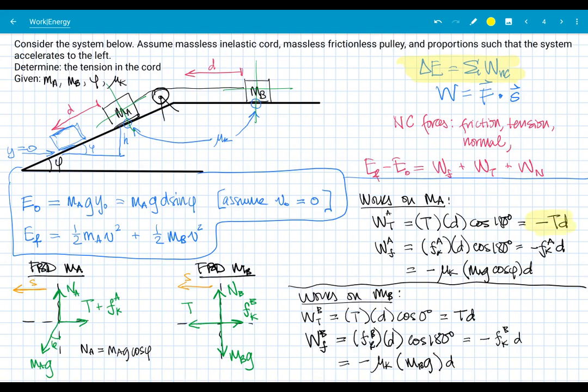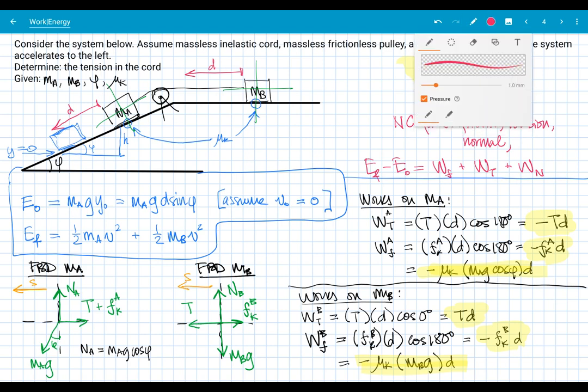Okay, so negative work done by tension, positive work done by tension, equal and opposite. And then I've got my two frictions there, and I wrote those friction works out in terms of givens as well. So we should be feeling pretty good about the right-hand side of our energy equation.